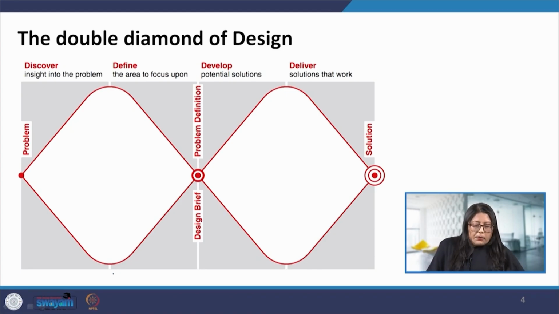So, one is the minimum viable product or MVP. So, this is a quick technique to see how, by minimal investment, we can come up with a solution, so we can test it out. Rapid prototyping, so we can quickly make some prototypes. They may be paper prototypes, they may be cardboard prototypes, something that can be quickly made so that we can analyze them further.